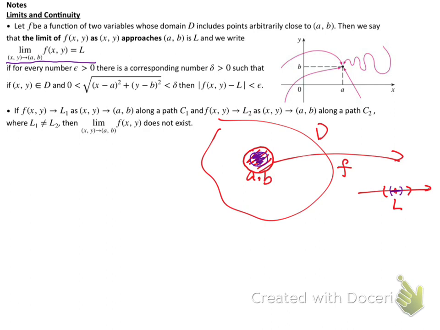This holds if for every number epsilon greater than 0, this is the epsilon I'm talking about around L, you can find the corresponding number delta, that is the radius we are talking about on this side, such that if (x, y) sits in D and also sits in this little ball, then when you map it under f, it will fall in this little interval.